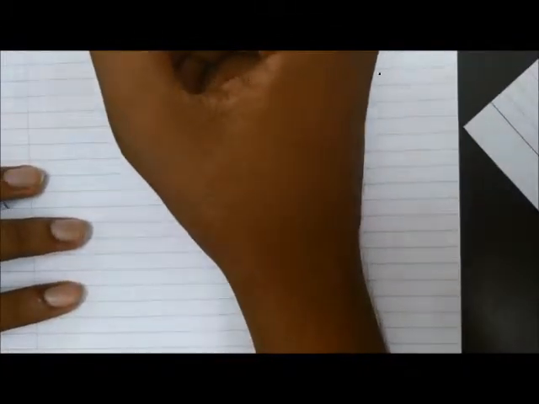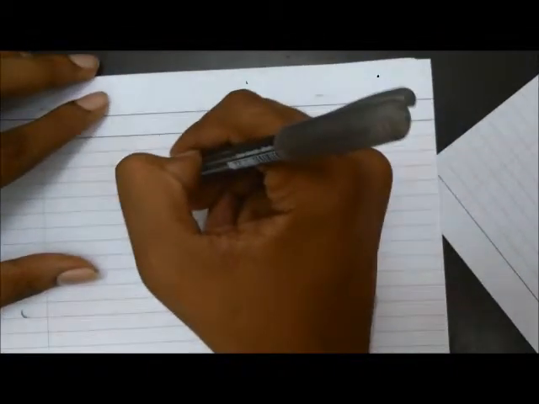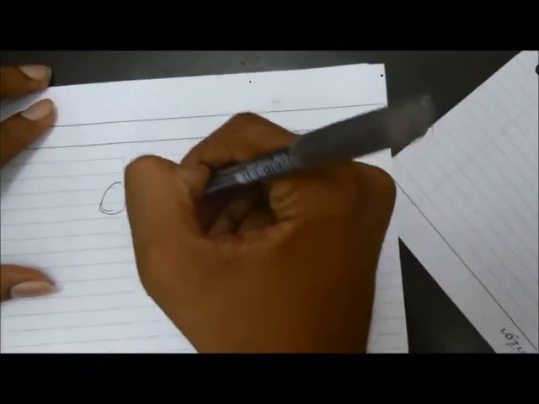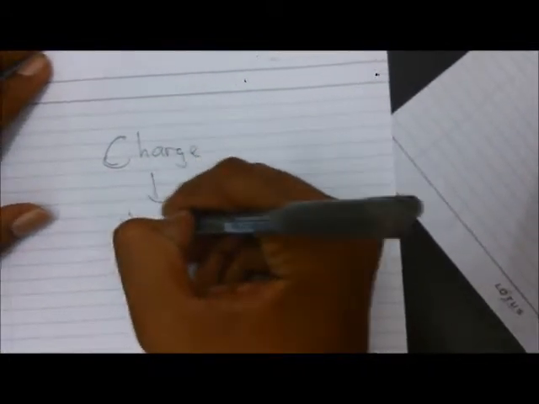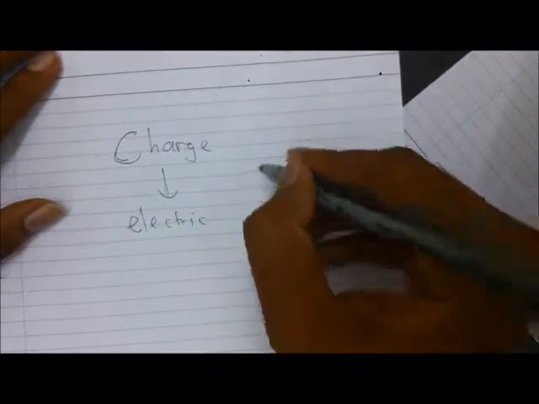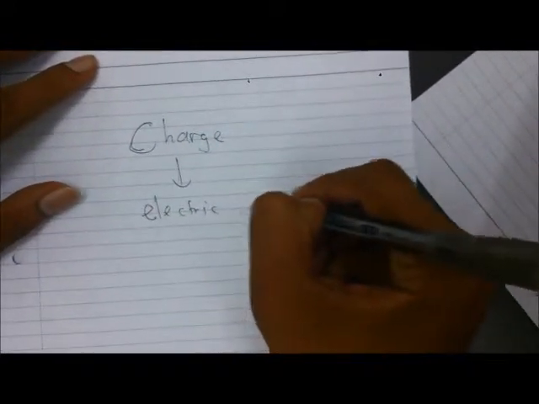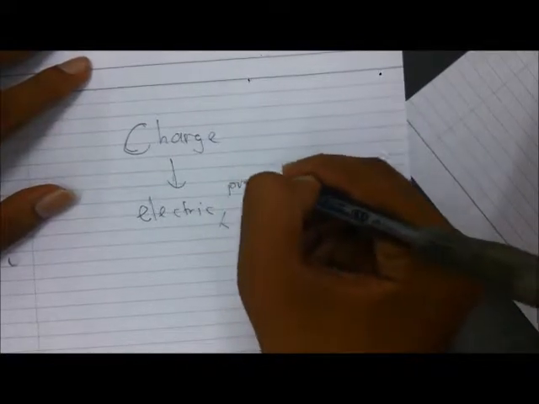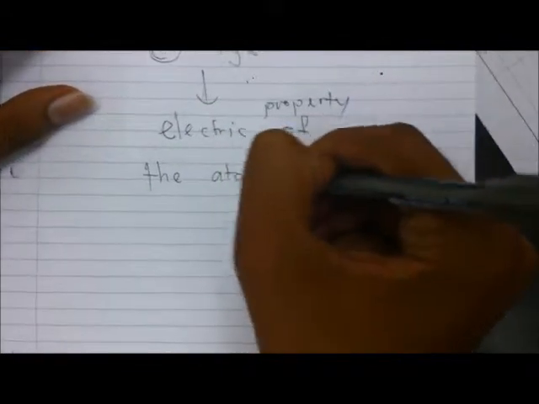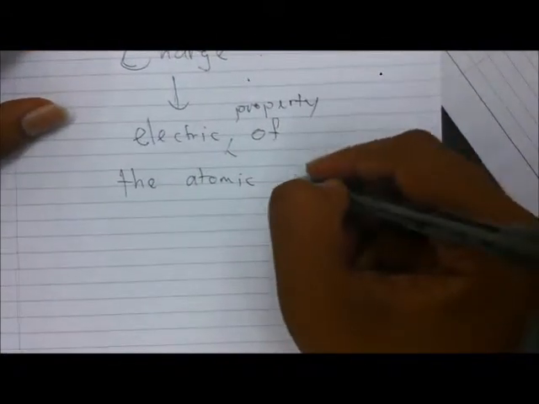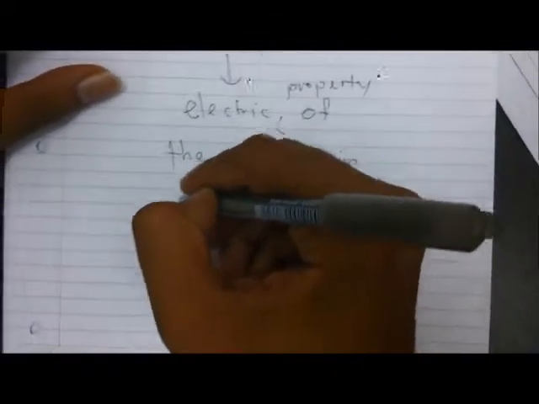Now we are going to electrical charges. We go on to the core definition of charge. Charge is an electric property of the atomic particle, which is measured in coulomb.